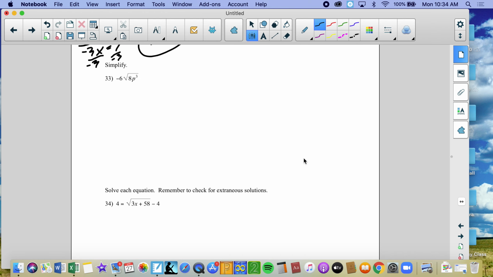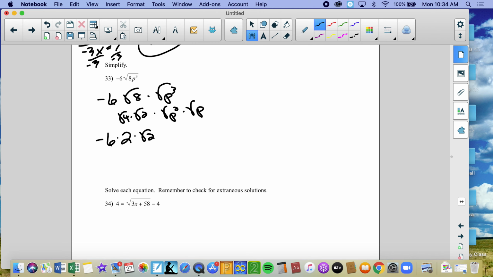Let's look at 33. We are simplifying. This is a square root, so I'm going to separate them into their own houses. Remember, I'm going to break it in. I'm looking for perfect squares. So rad 4 is a perfect square, so rad 4 becomes 2. Rad 2 stays as rad 2.